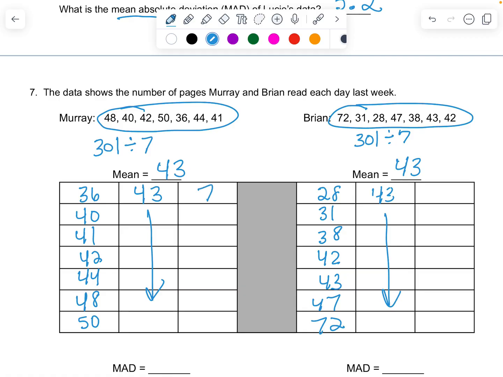So for Murray, we had a 7, 3, 2, 1, 1, 5, and 7. And I simply got that by subtracting the data from the mean to find the distance, dropping the negative sign if there was one. Same with Brian. I'm going to do the same thing. We had a distance of 15, 12, 5, 1, 0, 4, and 29.